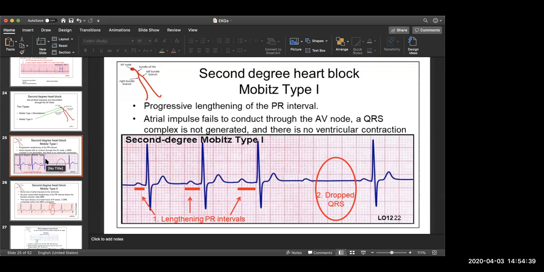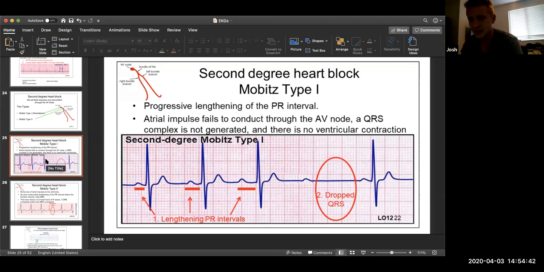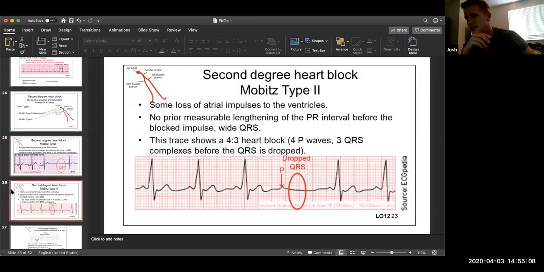In Mobitz type 2, the reason the PR doesn't change is because the AV node is still going to send the signal, which ends the PR segment. So that whole segment is normally paced, and the problem is that the signal will eventually not be able to keep up through the bundle of His, so it's going to drop the QRS because the bundle of His slows down and doesn't have enough polarity to send the signal, but that doesn't mean the PR is going to change.